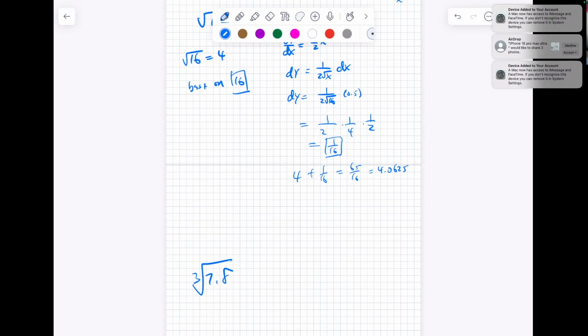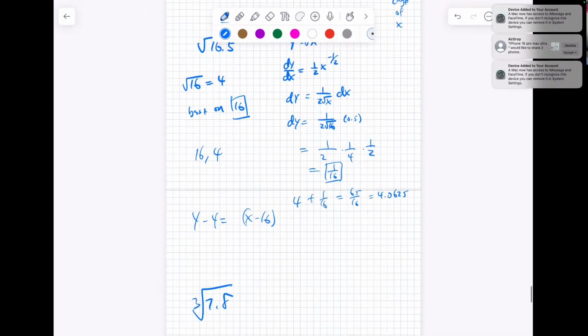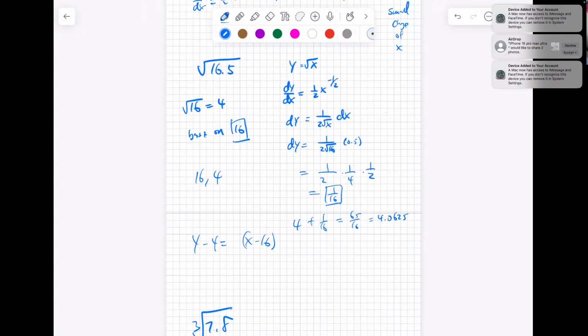Because we know at 16 it's going to be 4, so it'll be y minus 4 equals slope times x minus 16. Is that okay? And the slope, I'm going to plug in 16 here, so the slope is going to be 1/2 times 1 over 4, so it'd be 1 over 8. Is that okay? This is the equation of the tangent line.